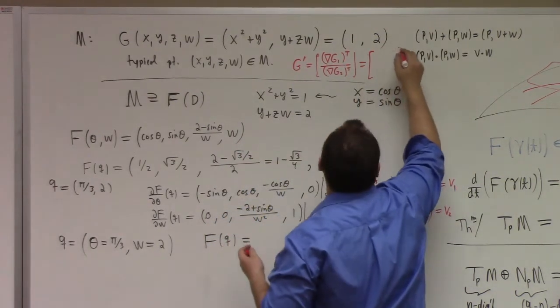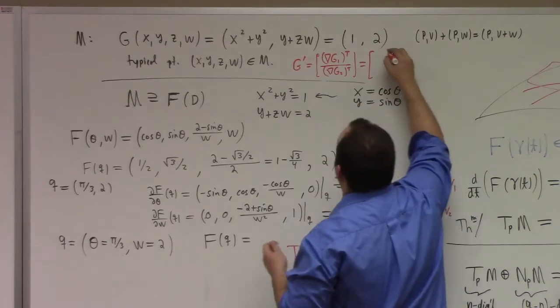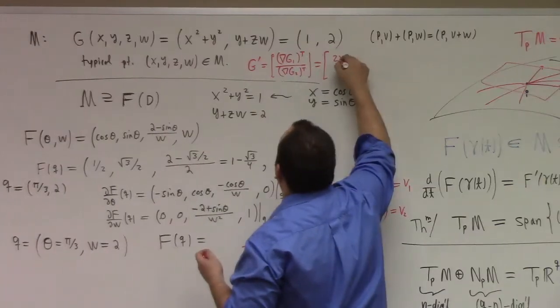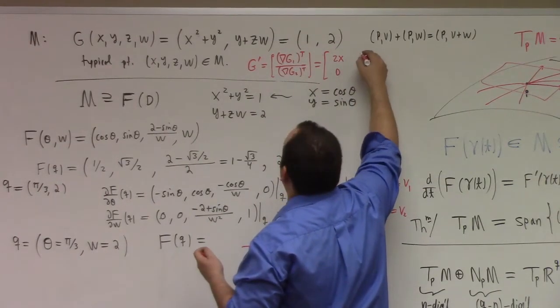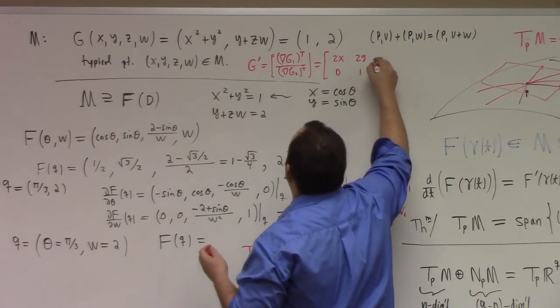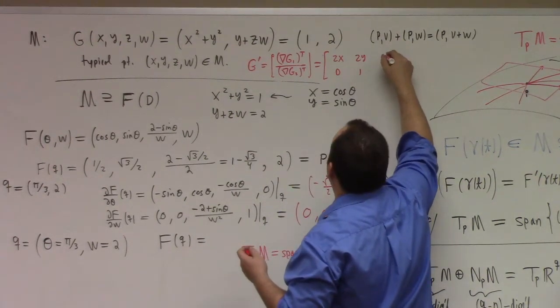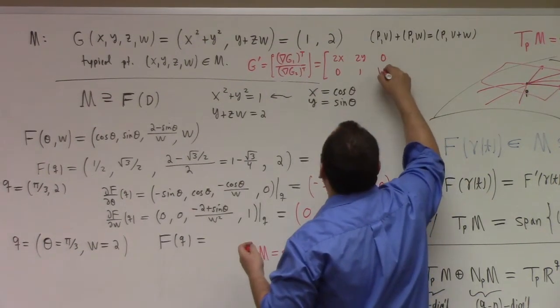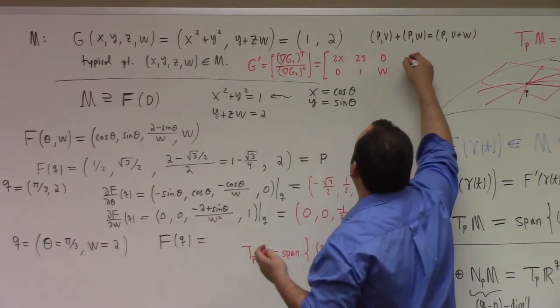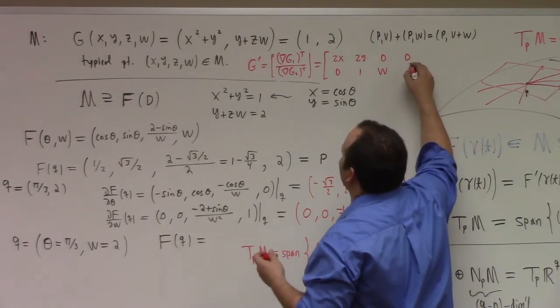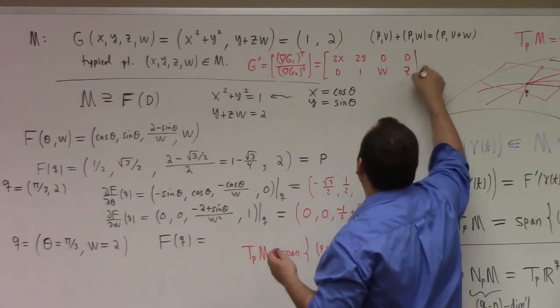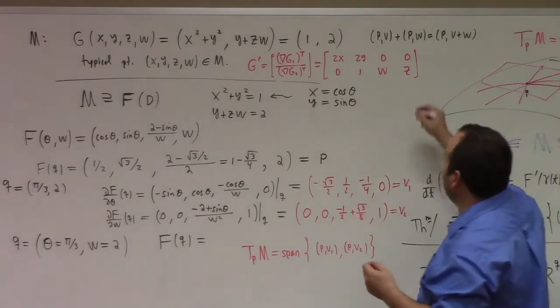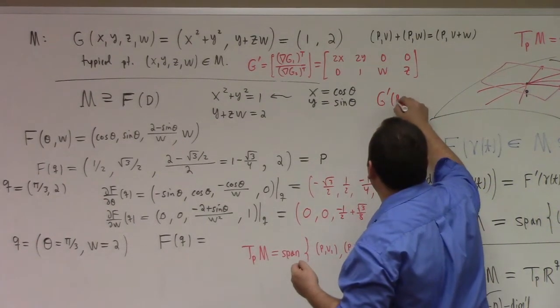So we got ourselves a 2x, a 0, a 2y, a 1, a 0, a 0, and a z. So what's G prime of P equal to?